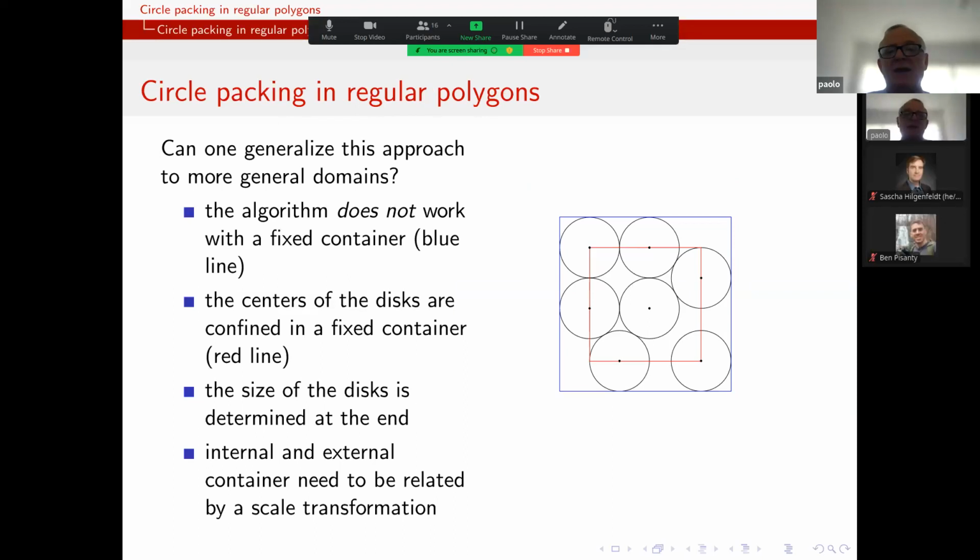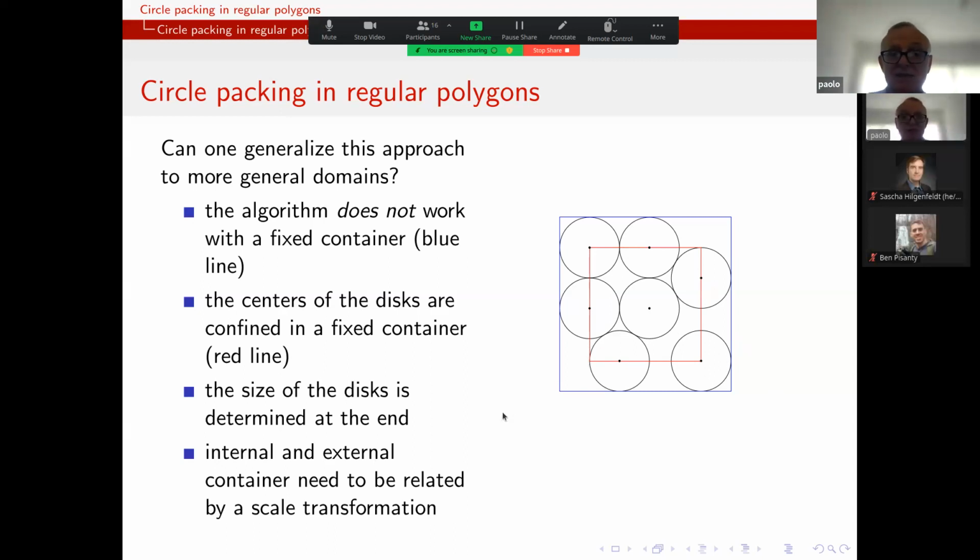Okay, so you may now wonder, can I generalize this approach to more general domains? The answer is yes. What we have to realize is that the algorithm, as I already told you before, doesn't use a fixed container. So the blue container that you see here is only fixed at the end. What is fixed is the red container, the container of the centers of the disks.